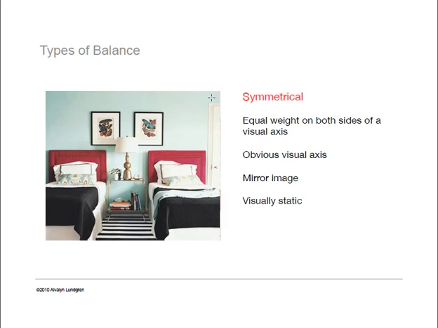This bedroom is set up in a pretty much symmetrical way. Obviously we have the lamp, and then we have two pictures in the bed headboards and so forth. And there's minor differences, but this is basically a symmetrical setup.